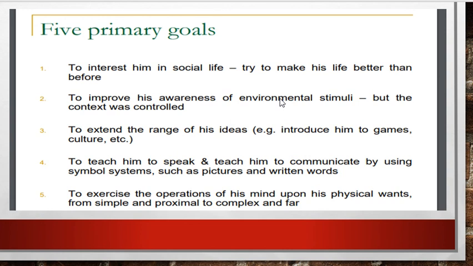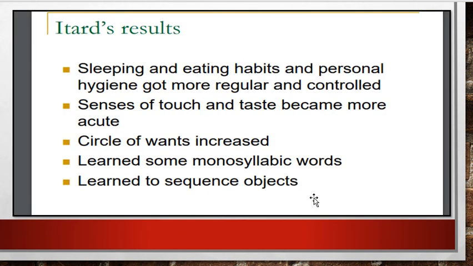Third, to extend the range of ideas, so they introduced him to games, culture, and taught him how to speak and communicate using symbols. Then exercise operations in mind, physical ones, from St. Paul. So he did that.